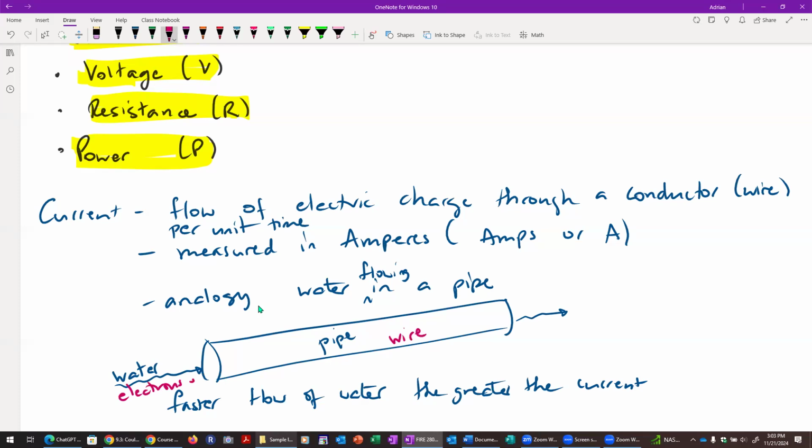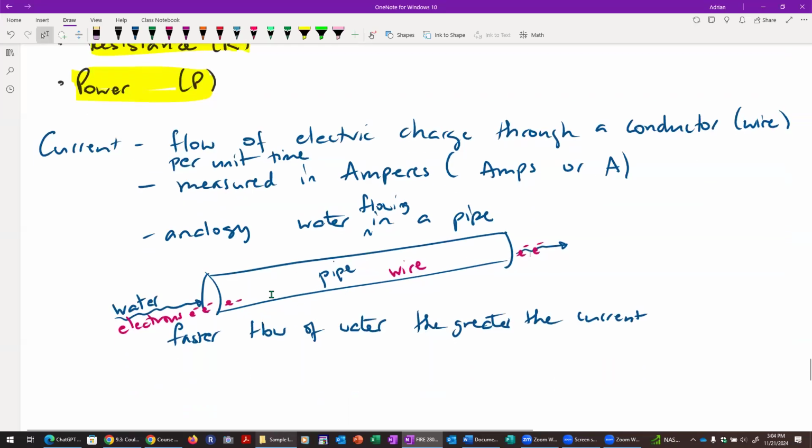You have electrons going through the pipe and coming out the other end. The greater or the faster the flow of those electrons, the greater the current is going to be. The greater the flow of water, the more water is going through the pipe per unit time. So the water flow represents the electric current, and the pipe represents the conductor, like a wire.